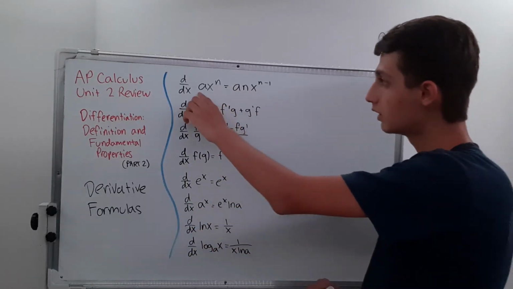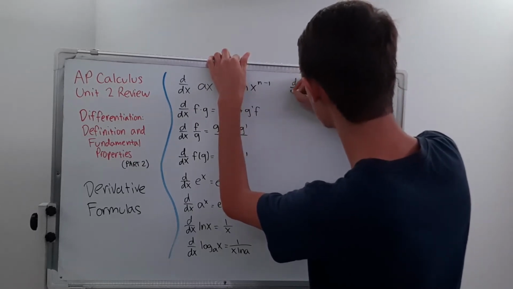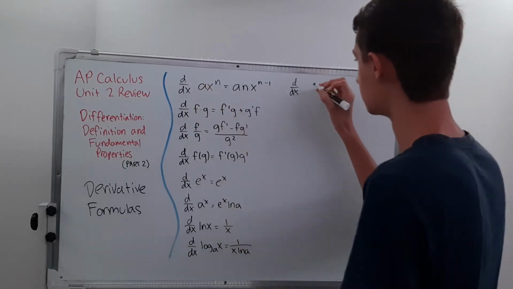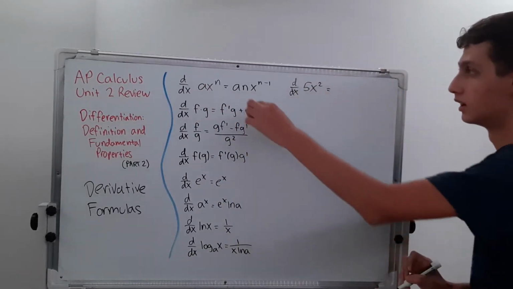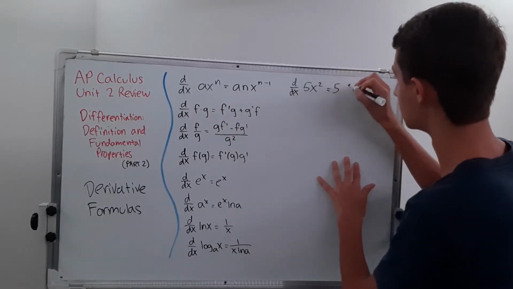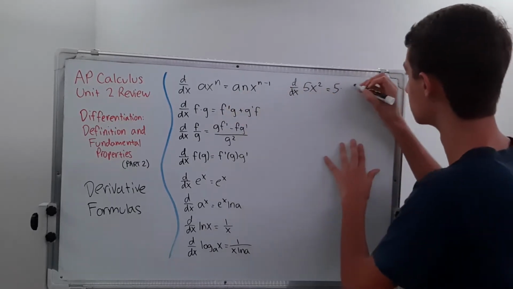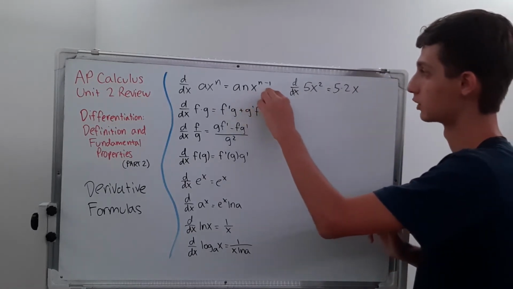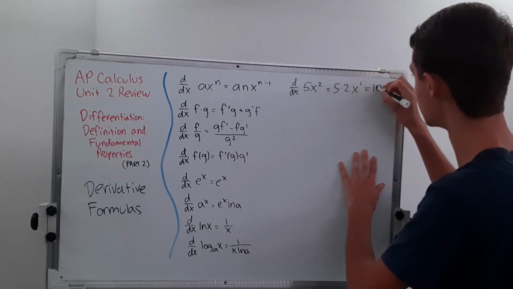For example, the derivative of 5x squared: we're going to keep the 5, and multiply that by n, which is our exponent. So we do 5 times 2 times x, and then to the n minus 1, which is 2 minus 1, so to the first. This gives us 10x.